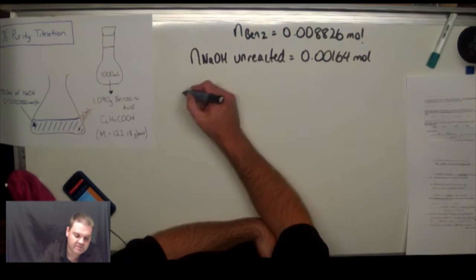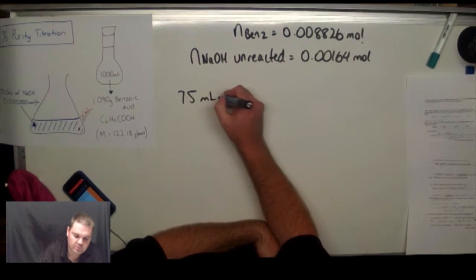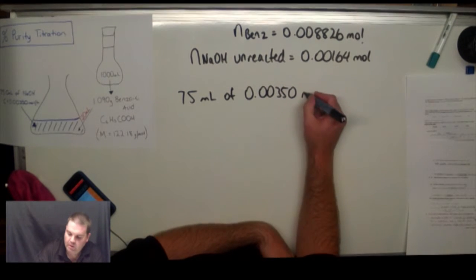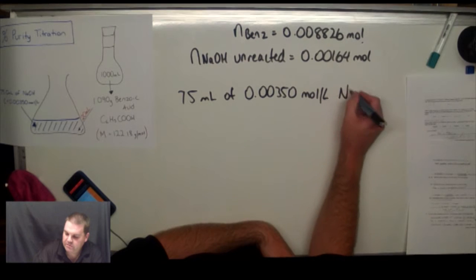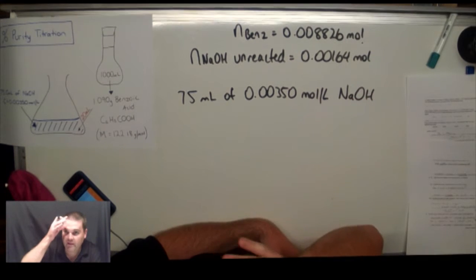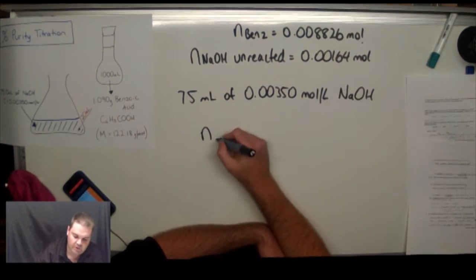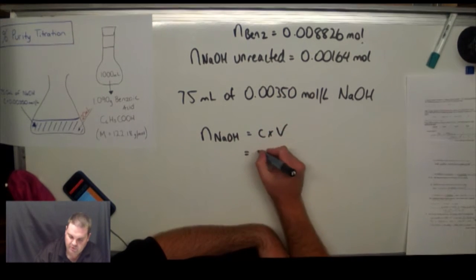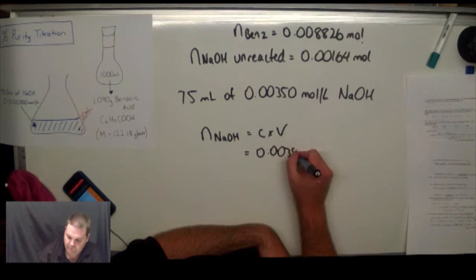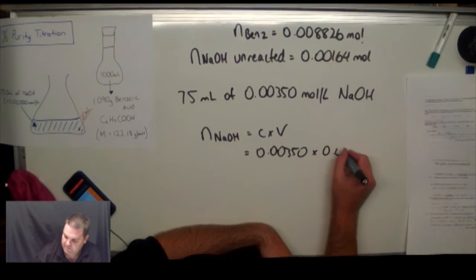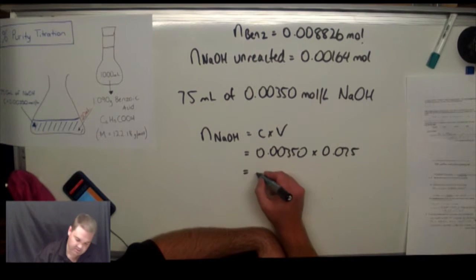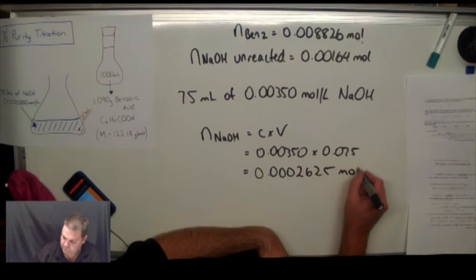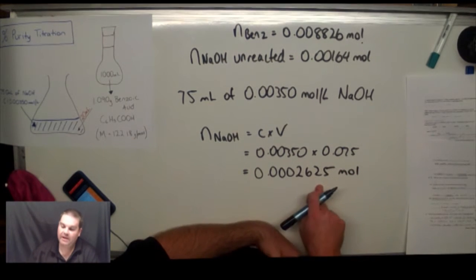Initially, remember, we put in 75 mils of 0.00350 moles per litre sodium hydroxide solution. So initially the number of moles of sodium hydroxide was C times V, so 0.00350 times 0.075, and we added in 0.0002625 moles. That's how much we had in initially.